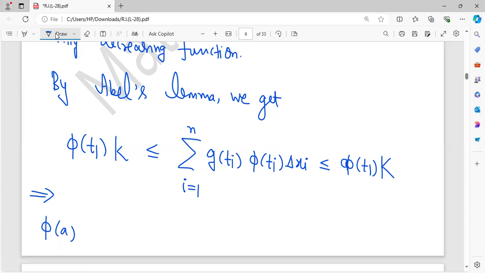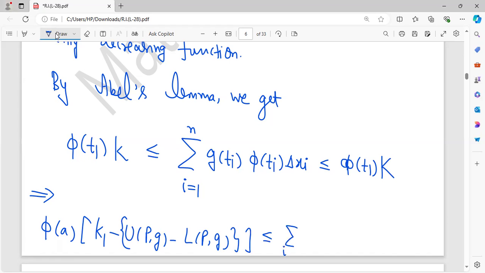And what is this K_1? This is small k_1 minus U(P,g) minus L(P,g). Okay, this was this.